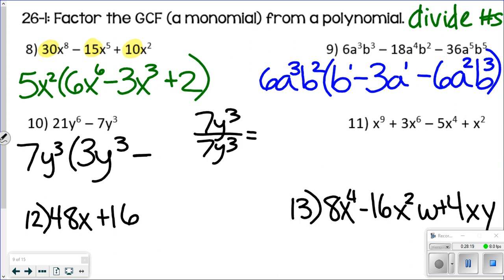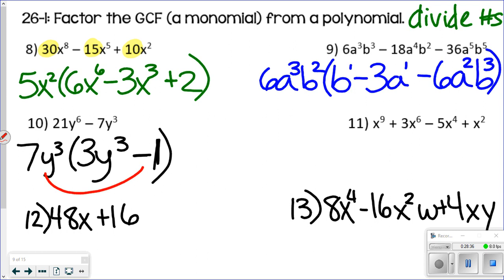Y cubed divided by y cubed is 1, and 1 times 1 is 1. So you have to put a 1 here as your placeholder. Remember, if I start with 2 terms, I need 2 terms inside my parentheses. Because then when I distribute this, we get the negative 7y cubed term that we need.